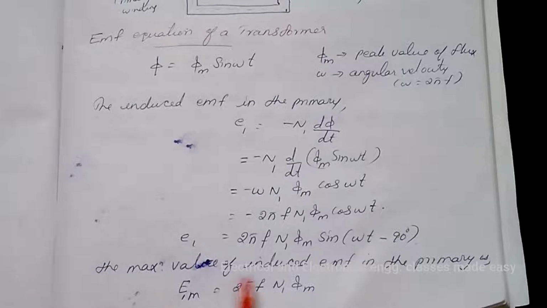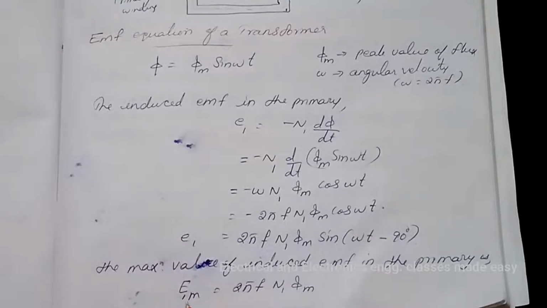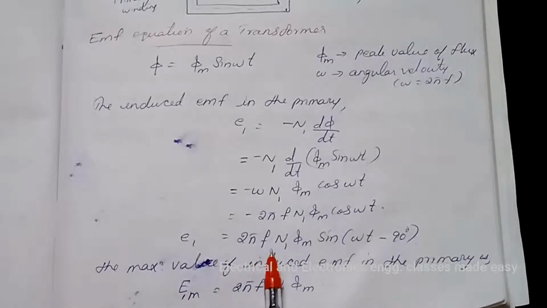Therefore, the maximum value of the induced EMF in the primary, E1m, is equal to 2 pi f N1 phi m.